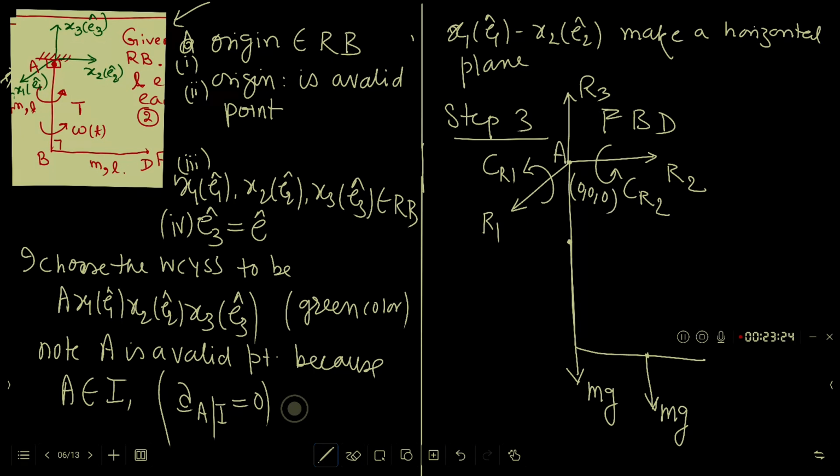This point, which is the center of mass of the vertical rod, will have coordinates 0, 0, minus L by 2. And this horizontal rod will have coordinates L by 2, move in this direction. No, first coordinate will be 0. It will be 0, comma L by 2, comma minus L.